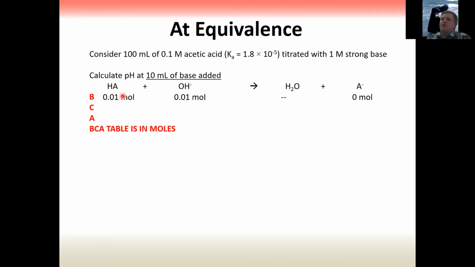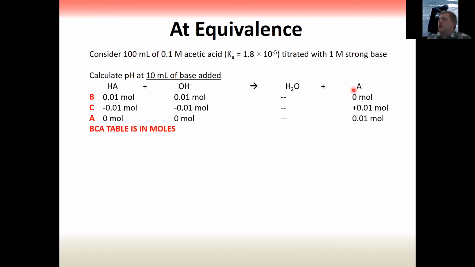So we're starting here with 0.01 moles of HA, reacting with 0.01 moles of OH minus. And that means that when we react these, all of the HA is going to be consumed.